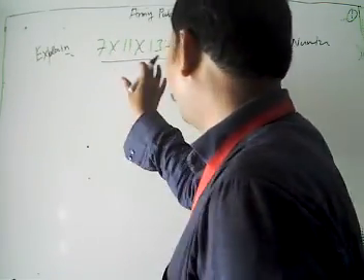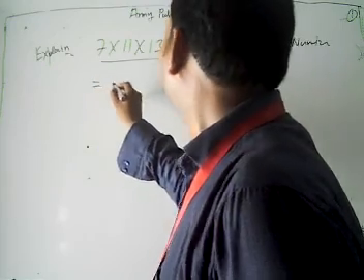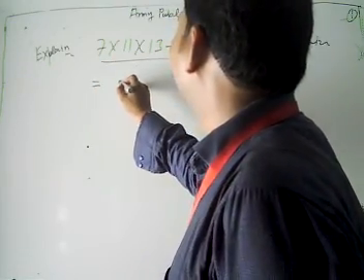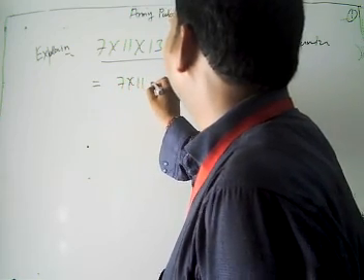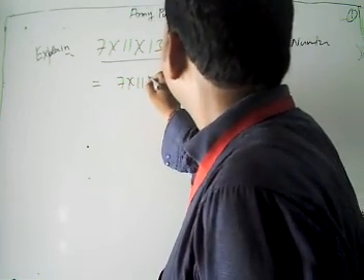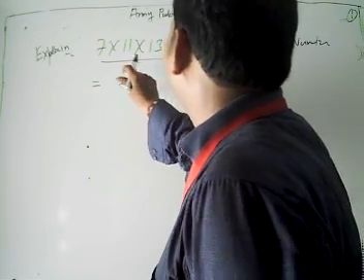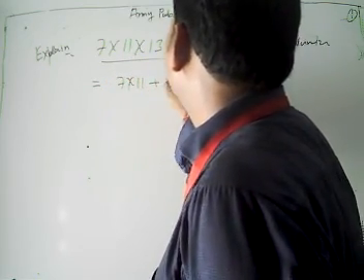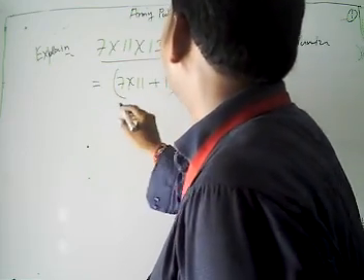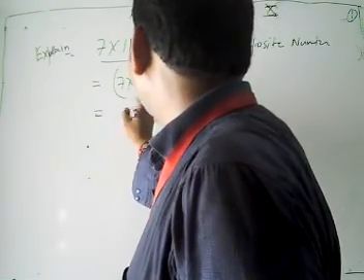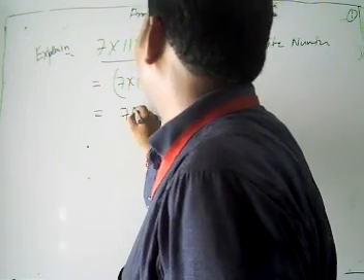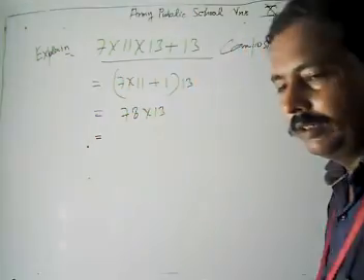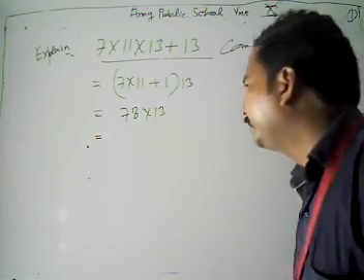First of all, we are going to simplify the number. Take 13 common: 7 into 11 plus 1, and then into 13. Look, what do we get? 77 plus 1, that is 78, into 13. Now we can factorize 78 as 2 into 39.